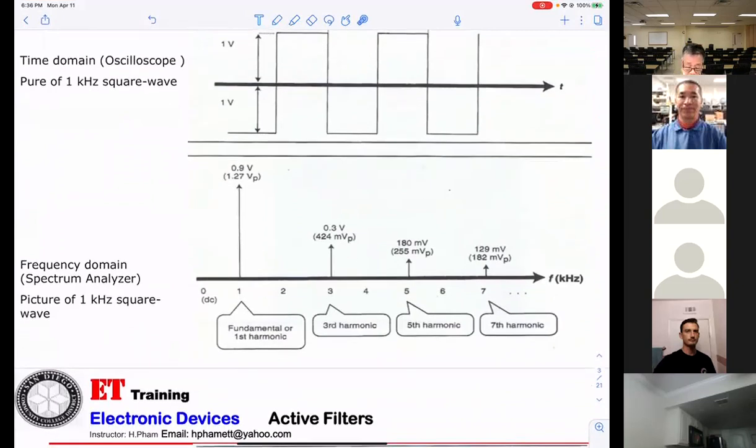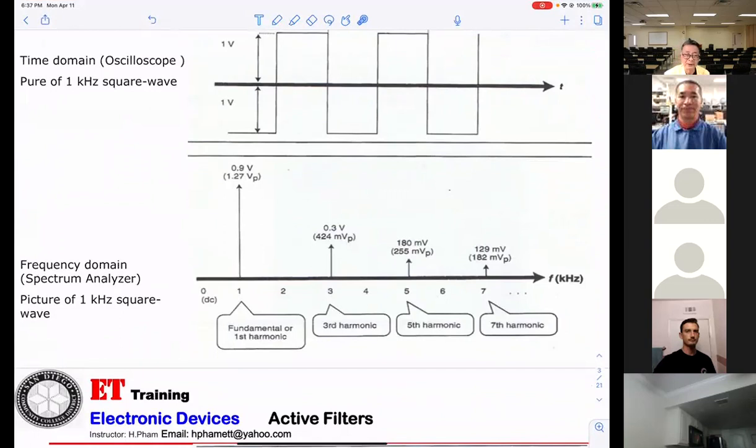So if you get a 1 kilohertz fundamental, the third harmonic will be 3 kilohertz. And the odd, that means the 5th harmonic will be 5 kilohertz, and so on.